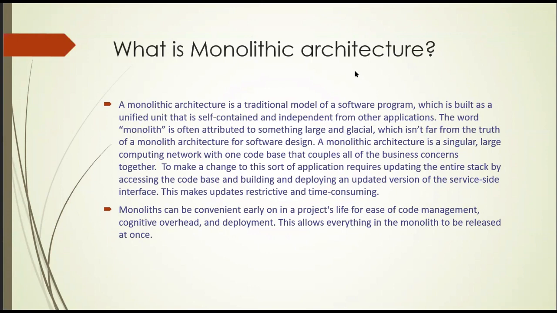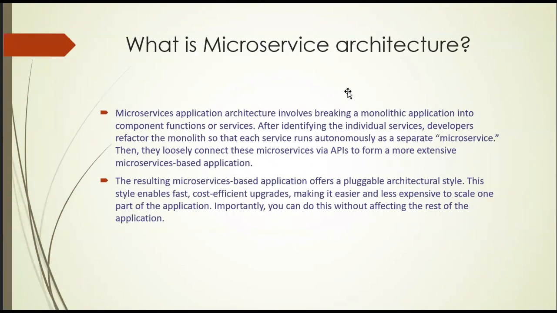Let's talk about microservice architecture. Microservice architecture is a kind of breaking a monolithic application into component functions or services. After identifying the individual services, developers refactor the monolith so that each service runs autonomously as a separate service. That is loosely connected with these microservices via APIs to form a more extensive microservice-based application.